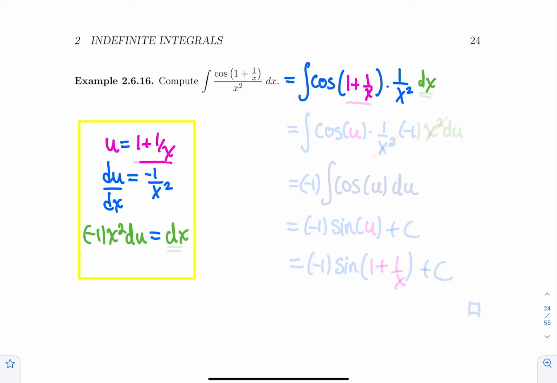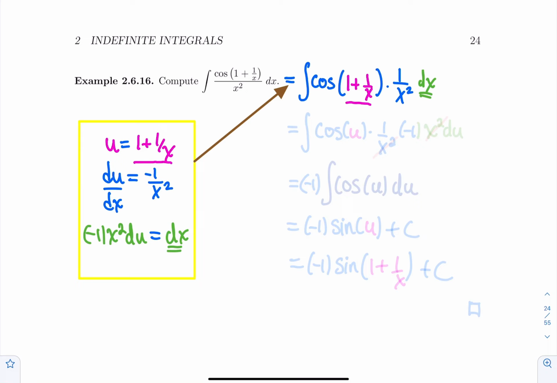So we have a formula for dx. We know that u is going to be replacing 1 plus 1 over x, and dx is going to be replaced by minus x squared du.